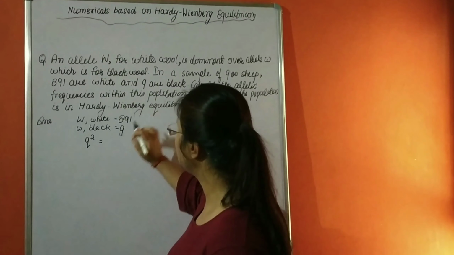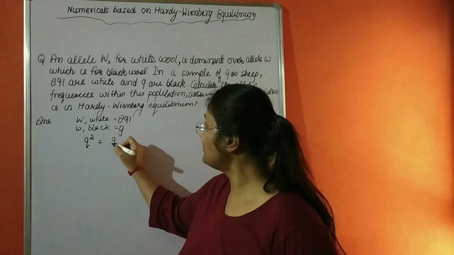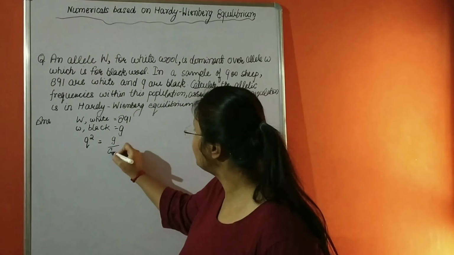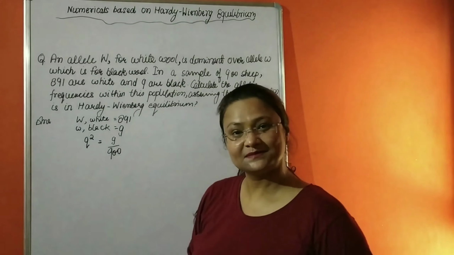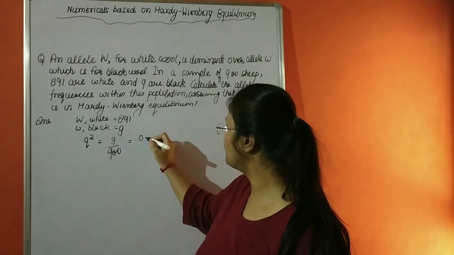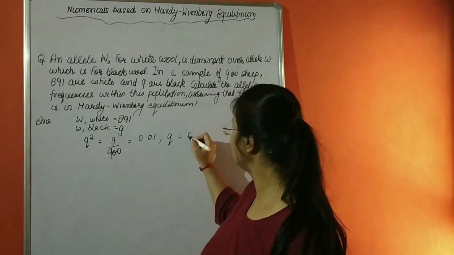So q square will be 9 by total individuals, which are 900. So we can simply find out 0.01, which is q square. So q will be 0.1.